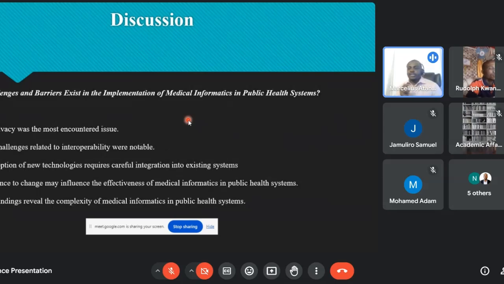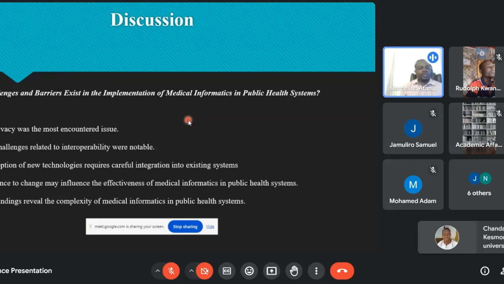And the last question we had was, what challenges and barriers exist in the implementation of medical informatics in public health systems and setups? Data privacy, as the graph showed. Other challenges related to interoperability were also noted.